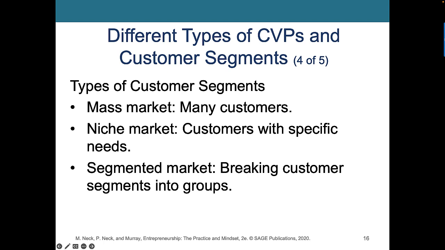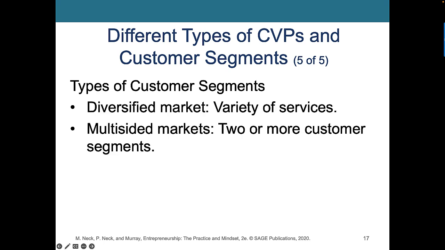And wealthier individuals who meet the financial requirements have the private bank. They've segmented the market from higher income to middle income, and they provide different services and products for them.